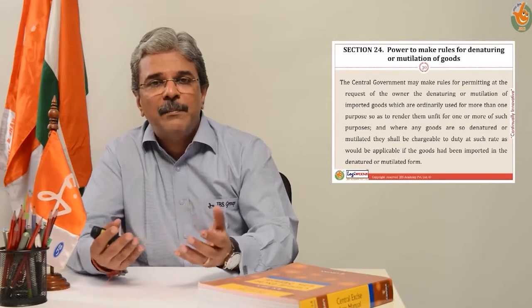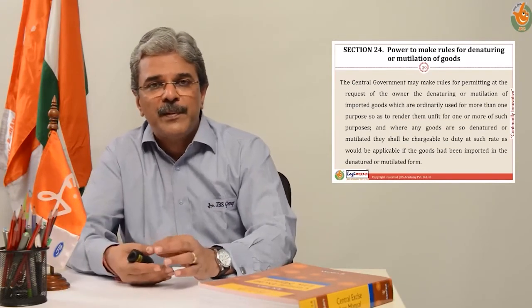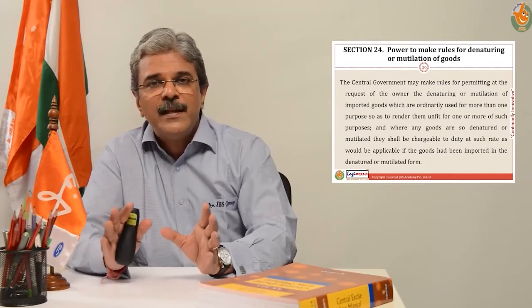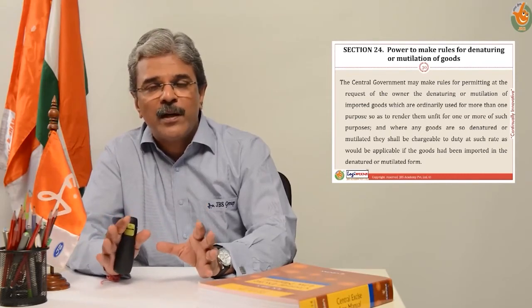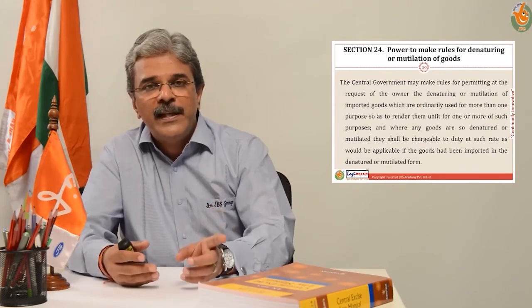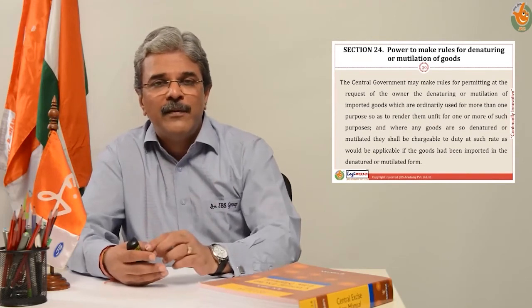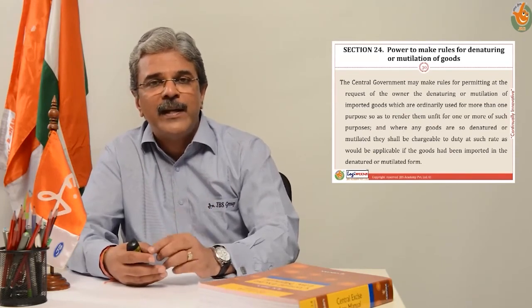The material has multiple uses, but you have imported it for a particular purpose. In those cases, section 24 comes into play, and customs will have the right to denature or mutilate the goods so that they become relevant for usage under one heading only.